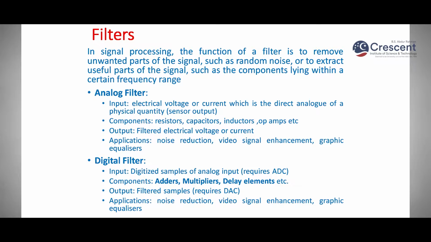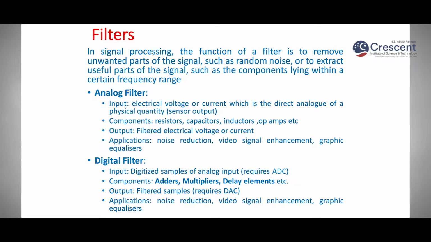Coming to the digital filter, the input should be in digital form, so we need an ADC, because all natural signals are analog in nature and an analog signal cannot be given to digital filters directly. So we convert the analog signal into digital using an ADC, and that digital input is given to the filter. The components here are adders, multipliers, delay elements, etc. The output of digital filters is filtered samples, which is a digital output.